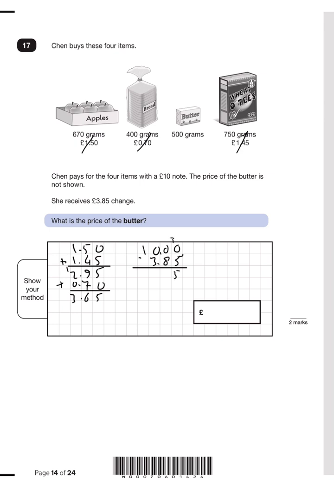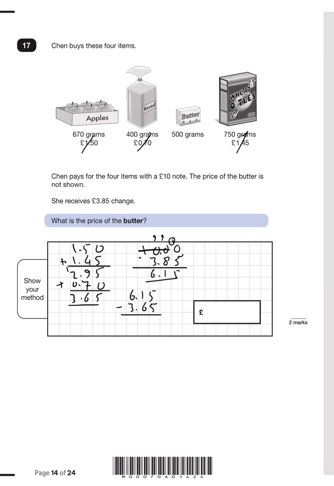And we borrowed this one not from 0, but from 100. 100 minus 1 is 99. 9 minus 8 is 1. Decimal point in the same place. 9 minus 3 is 6. And nothing minus nothing is nothing. So we've got £6.15.